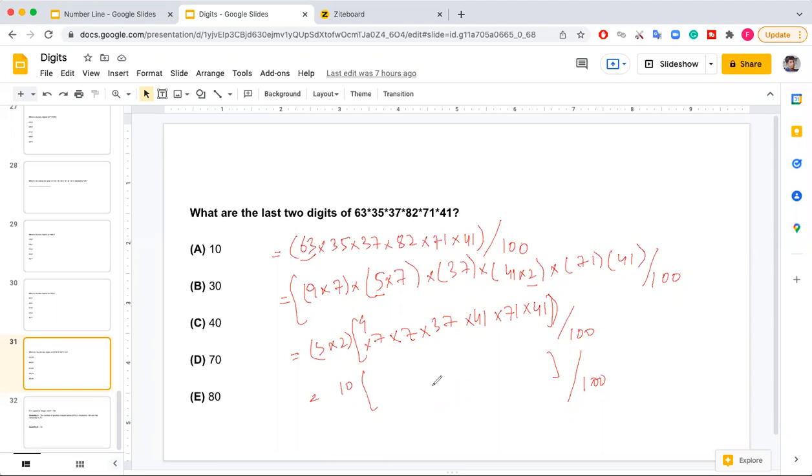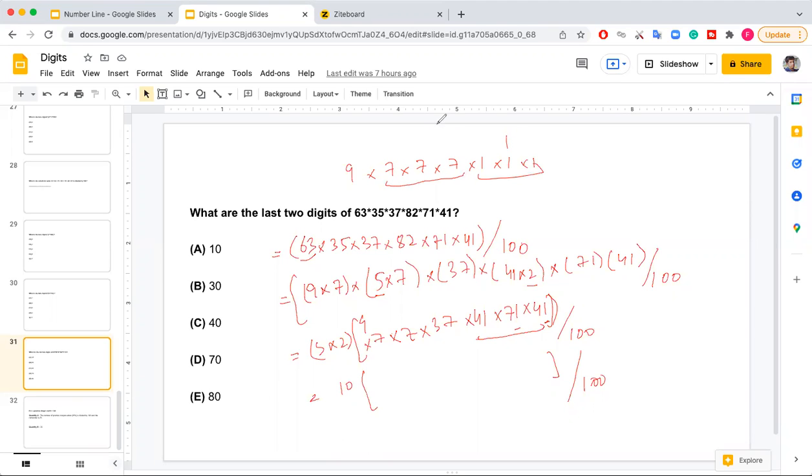What is that value? Just see the last digits: 1, 1, 1 into 7 into 7 into 7 into 9. For the 1s, the result is 1.